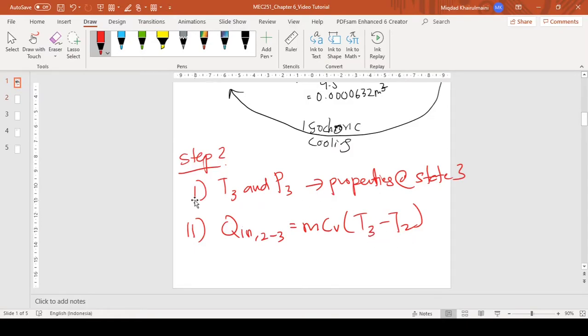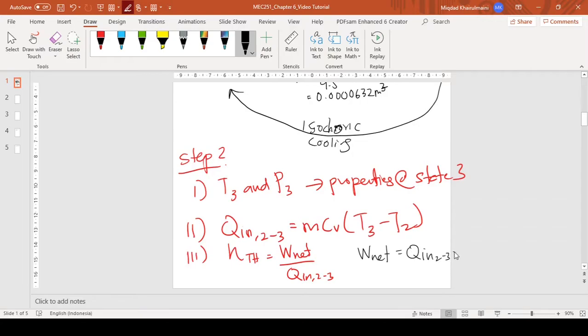Number 3, we have to find the thermal efficiency. So thermal efficiency is the net work produced by the cycle divided by the amount of heat added. We have already calculated the amount of heat added, so we have to calculate the net work produced. Net work here is the same as the amount of heat added minus the amount of heat rejected.